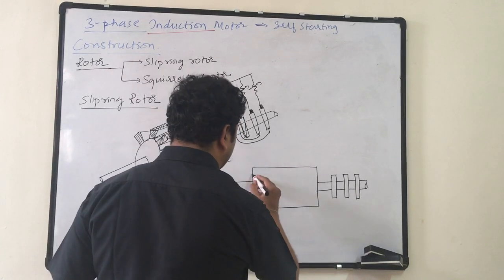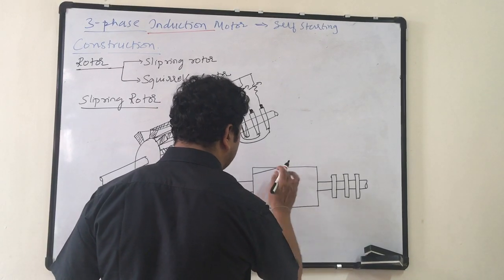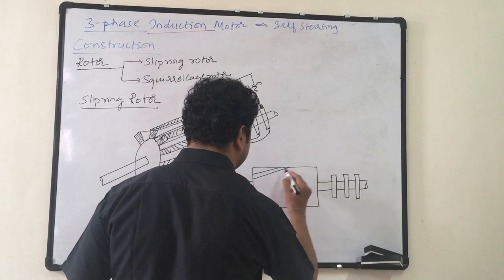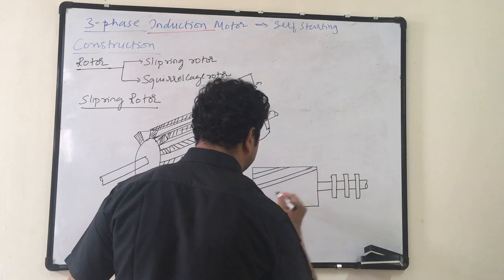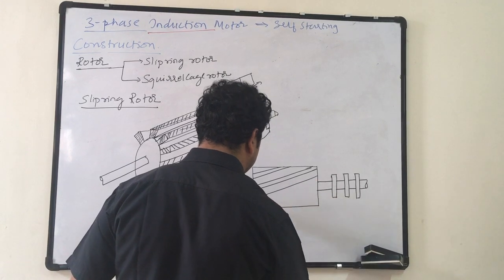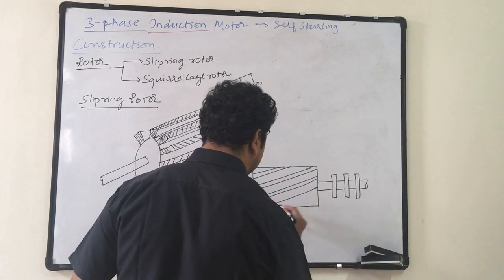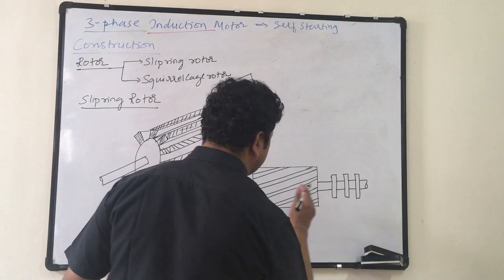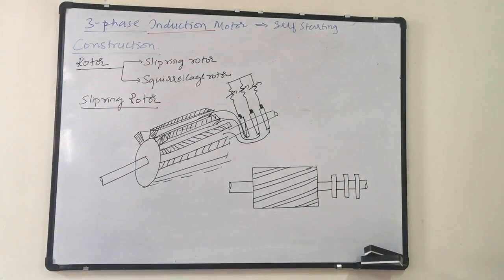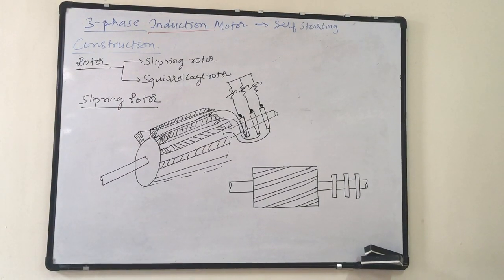And I have a number of slots on the outer periphery. And I am drawing these slots purposely slanted with respect to the shaft. Okay, they will be slanted.